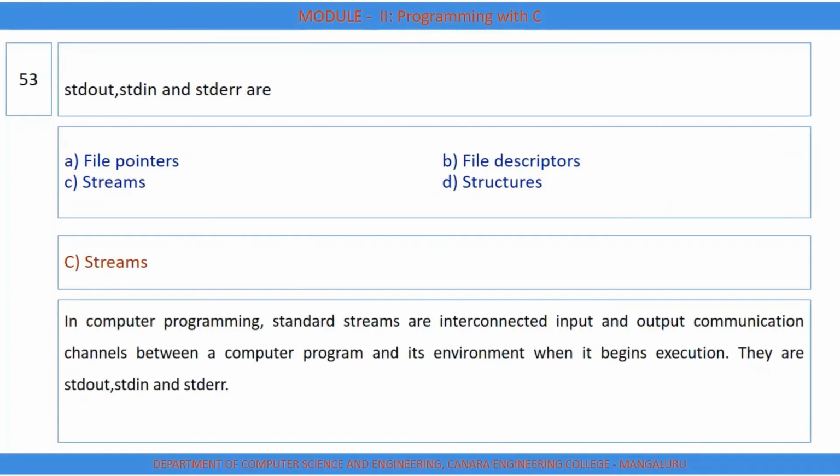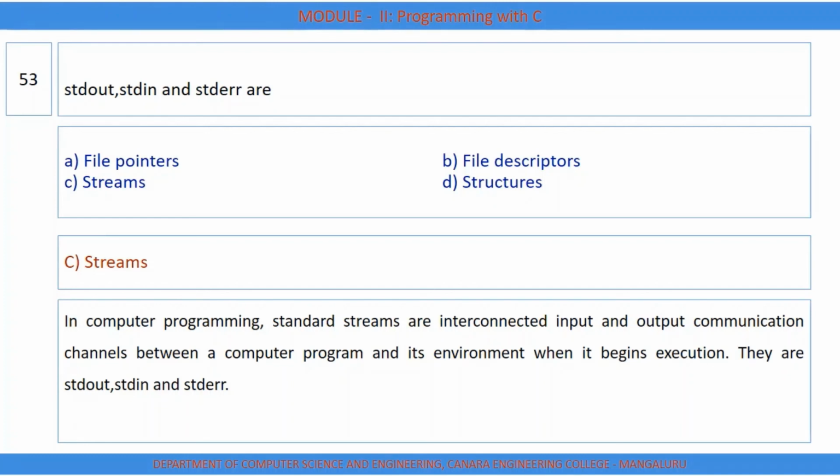stdout, stdin, and stderr are: option A, file pointers; option B, file descriptors; option C, streams; option D, structures. Answer is option C, streams.